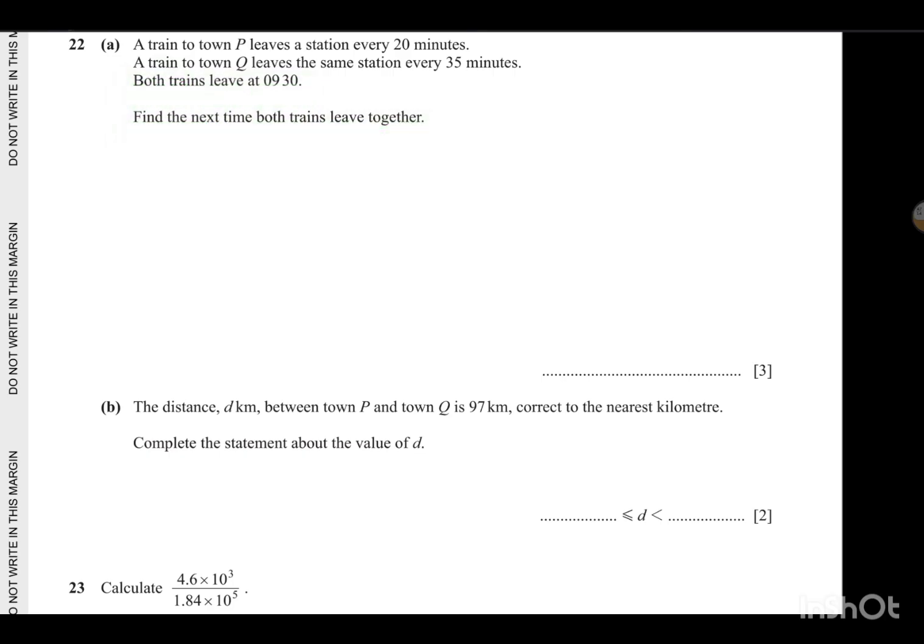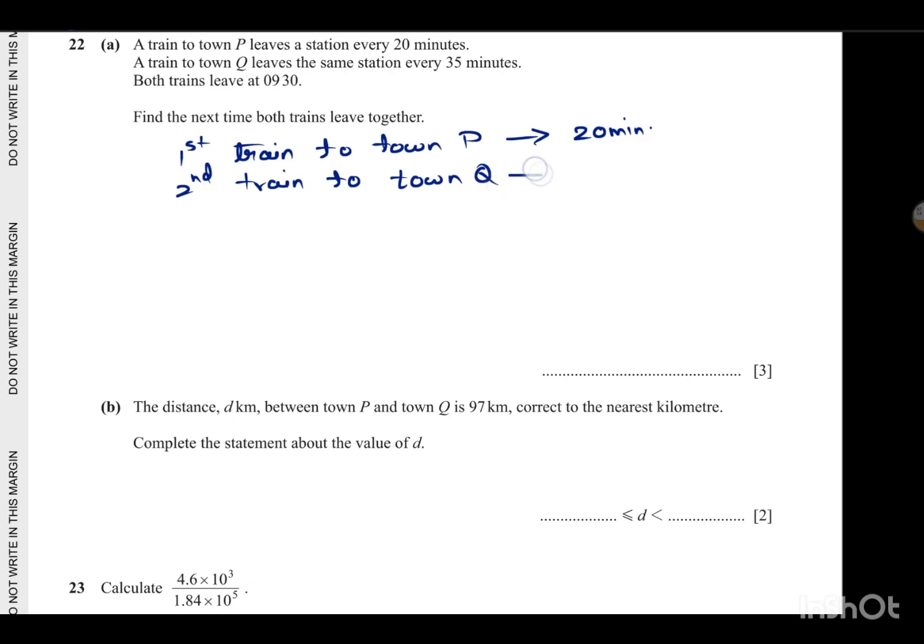Now the first train, let us take the first train to town P. It is leaving every 20 minutes. And the second train to town Q is leaving every 35 minutes.